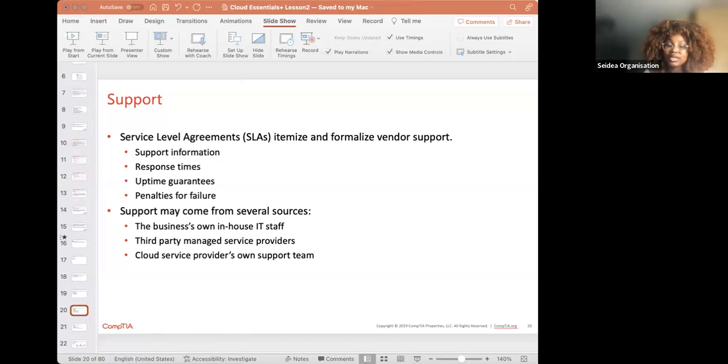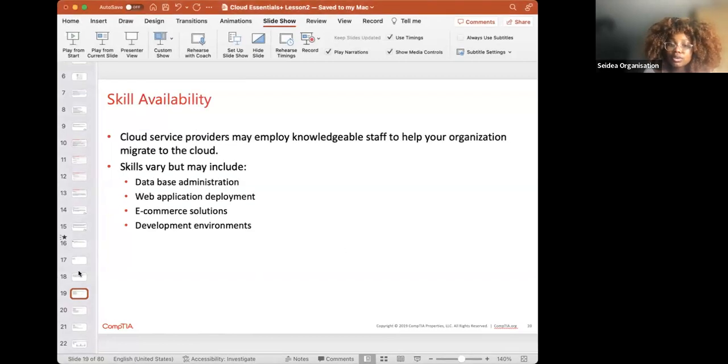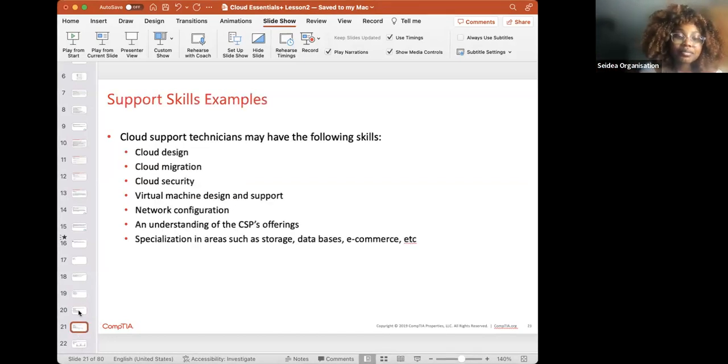You need someone who has expertise in cloud storage, in cloud databases, and in cloud networks as well. Because it goes back to our point about the type of skills you would need to help your organization migrate to the cloud, or maintain the cloud after the migration, essentially.